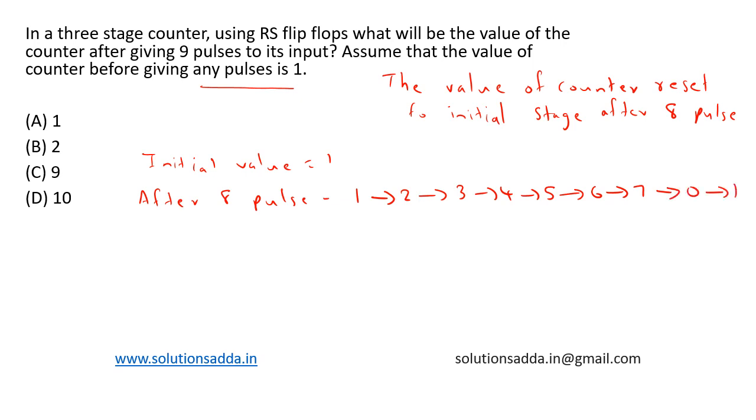This is the result after 8 clock pulse. We have 1, 2, 3, 4, 5, 6, 7, 8. Now upon 9th clock pulse, it will move back to 2. So 2 is the right answer. Option B is the right choice.